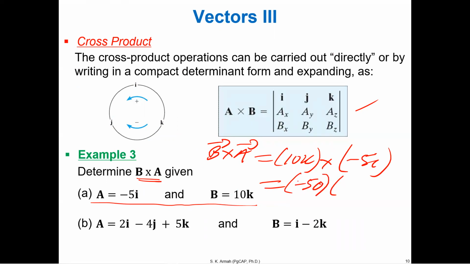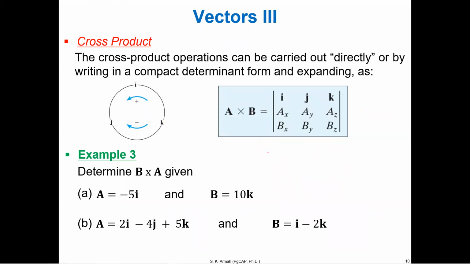Then we multiply it by, so what you have to check is K cross I. What is K cross I? That is J. In other words, if you get used to it, then you don't need to worry that much.